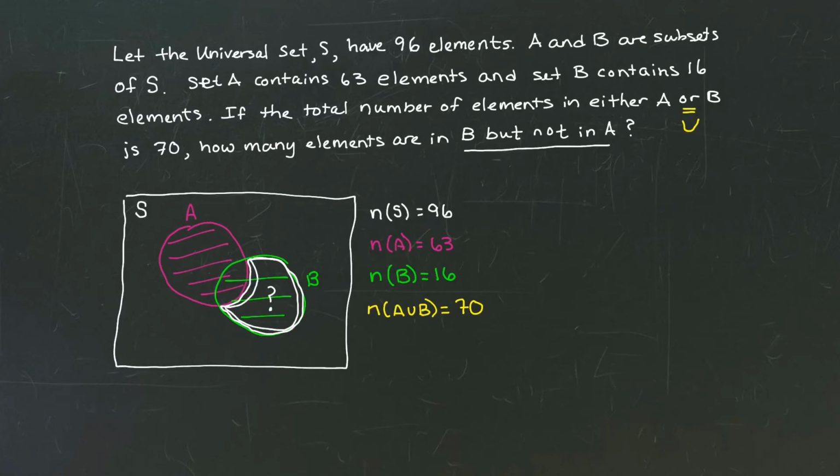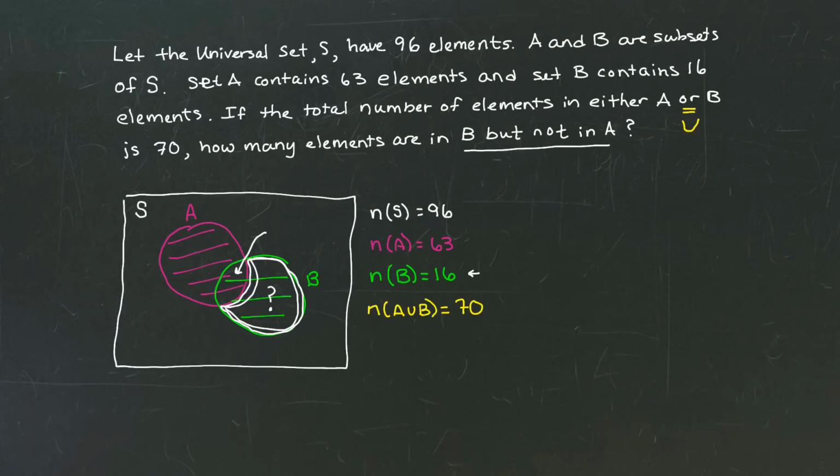So what's our strategy? Well, it would be helpful to know how many elements are in the intersection, and that would be a good place to start. Why is that? Because we already know how many elements are in B total. So if we can figure out how many are in that little pink-green overlap, or the intersection, then we'll be able to subtract and get the number that lie outside in just the green portion. So how can we do that?